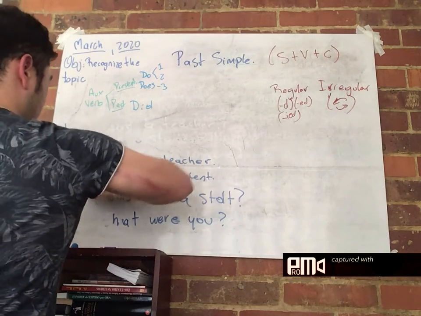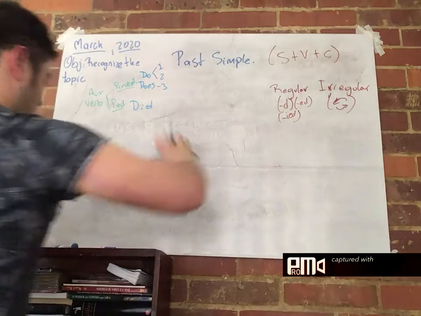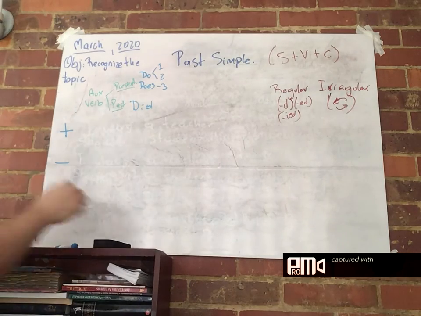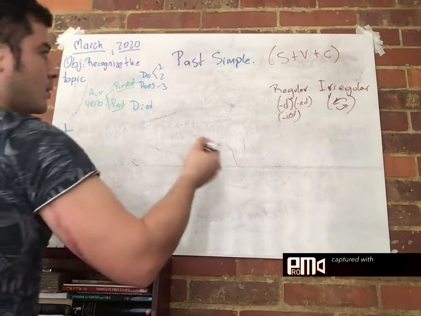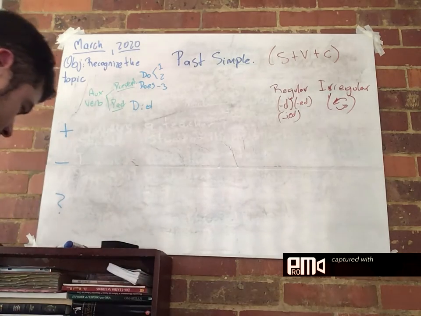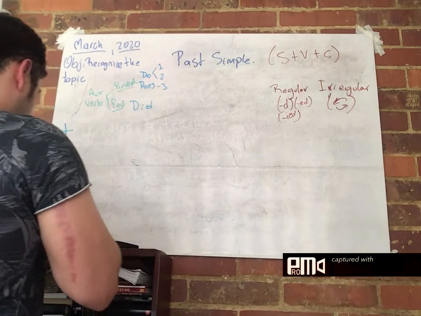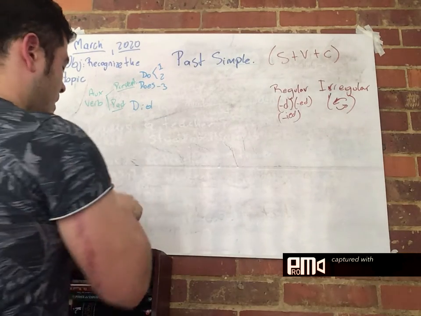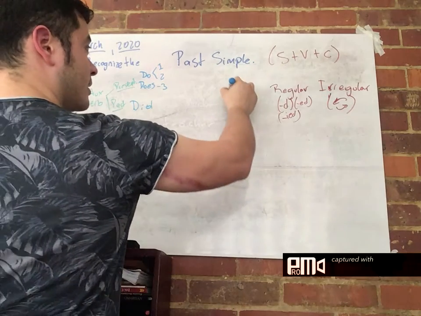Now, if we continue with the verbs, something relevant: I need you to tell me or think about different verbs in the present.